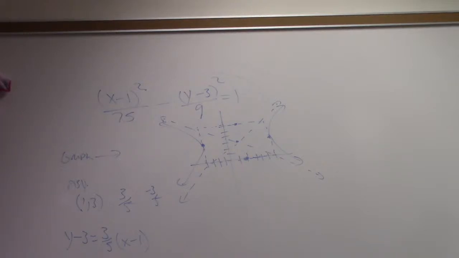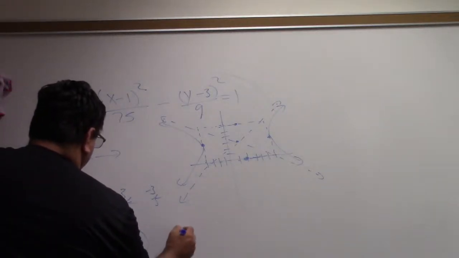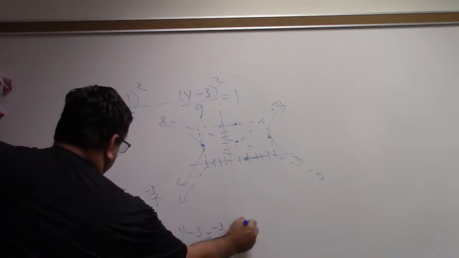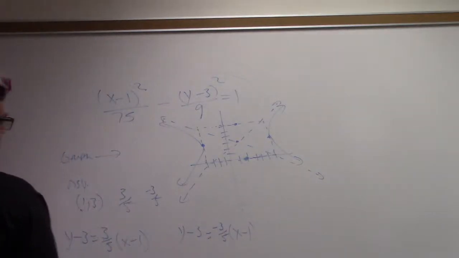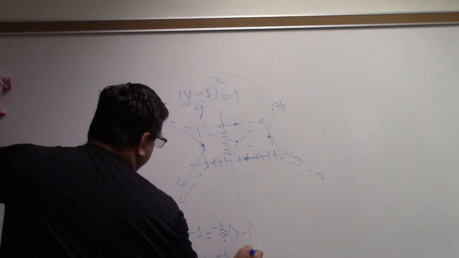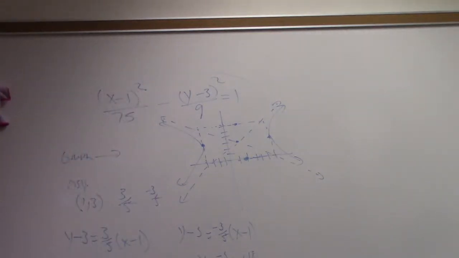And then it's the same thing, change this to a negative. Negative 3/5 x plus 18/5. I may have done that wrong, but I doubt it.